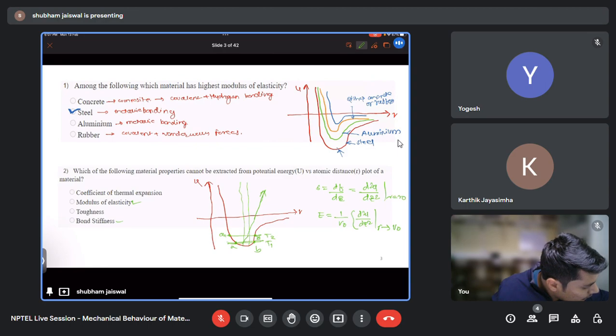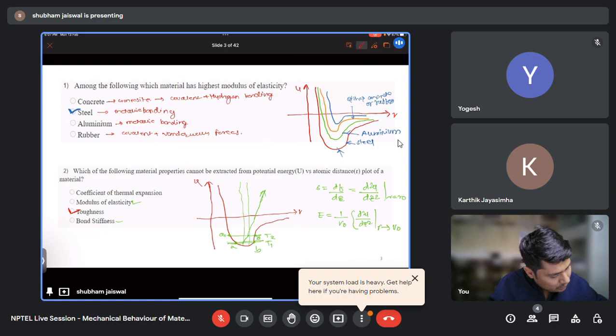We can see that the equilibrium distance is changing, so from that also we can calculate the coefficient of thermal expansion. So the only option remaining is toughness, which we cannot calculate.